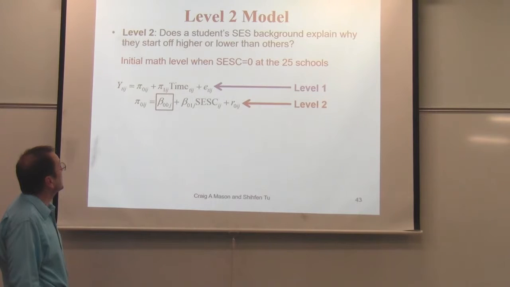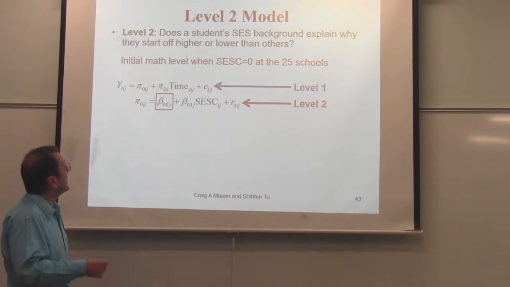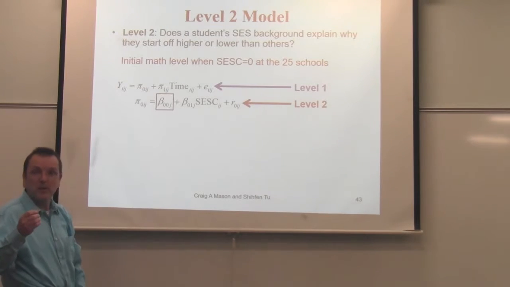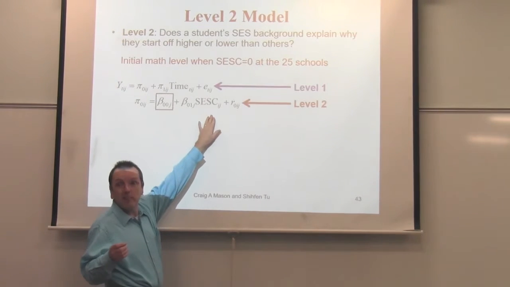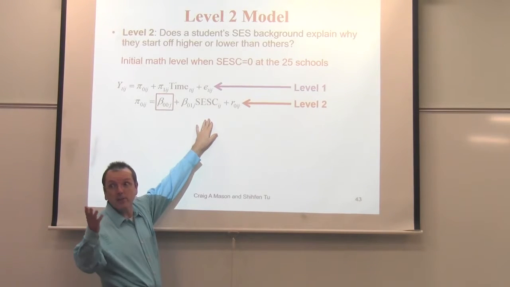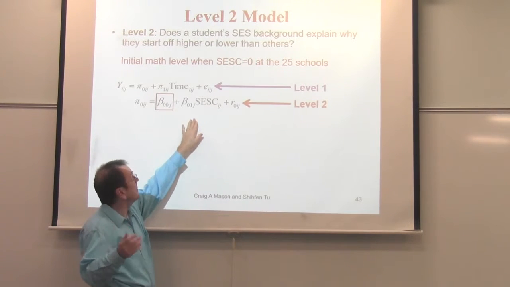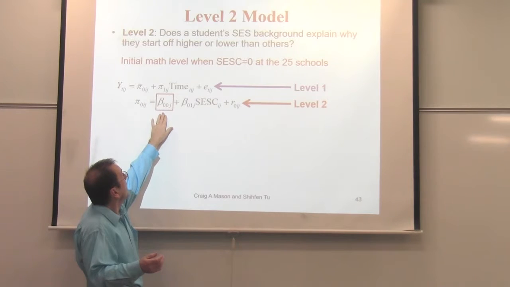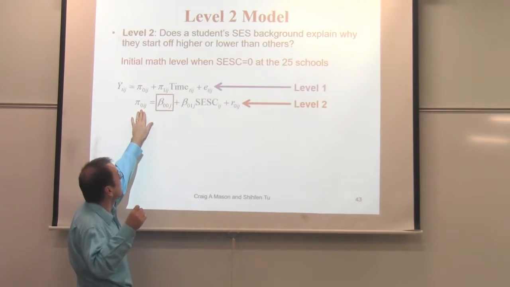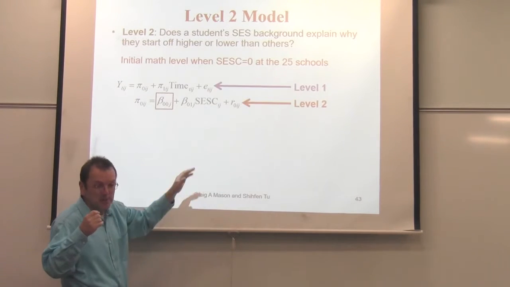So beta 00j is that initial math score when the income for a school is 0, when the average income is 0. What are we predicting? It's the outcome. I know it's cumbersome.